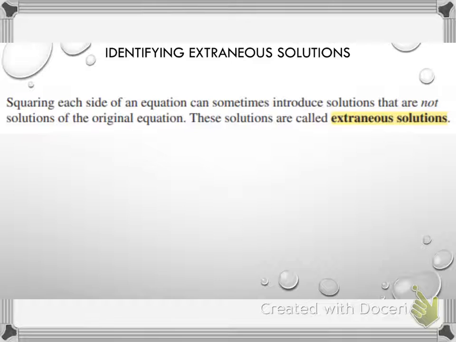So let's continue these notes. We got to talk about these things called extraneous solutions. Squaring each side of an equation can sometimes introduce solutions that are not actually solutions of the original equations. These solutions are called extraneous solutions. So this is why we check our work, check our solutions. That's why you checked your solutions so many times yesterday, to make sure that those solutions actually work for our original equation.